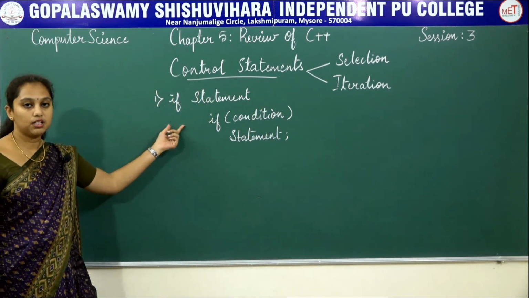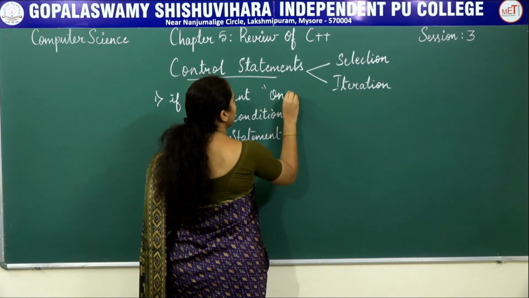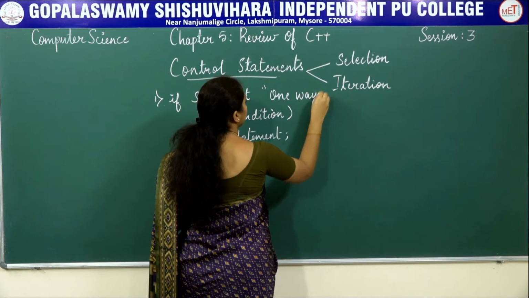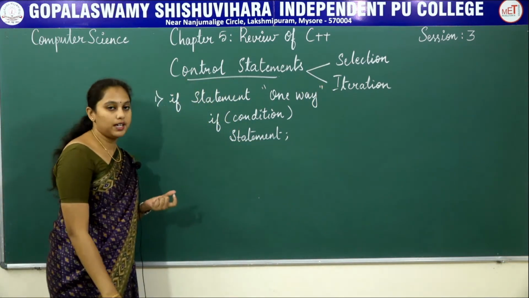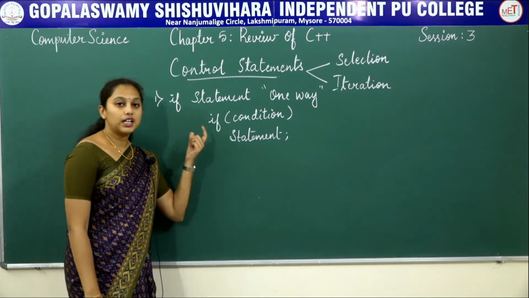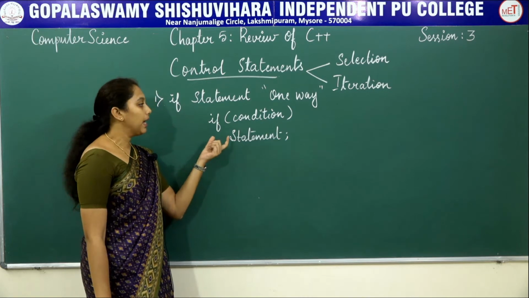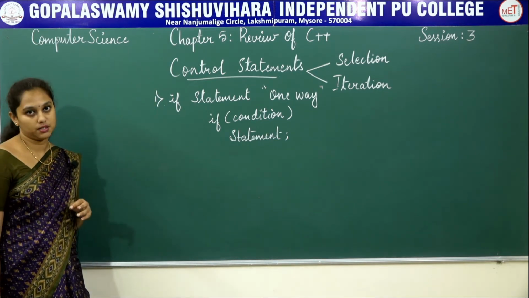So if statement is also called as one-way branch selection statement. In if statement, first it will check the condition. If the condition is true, it is going to execute these statements.